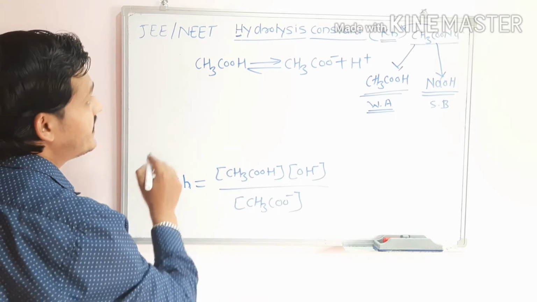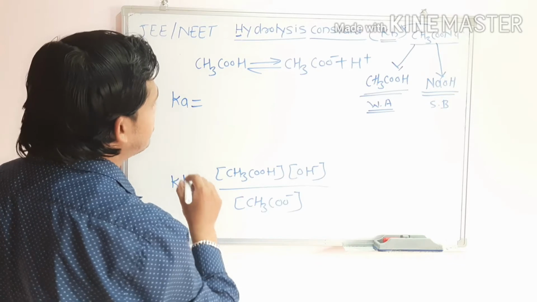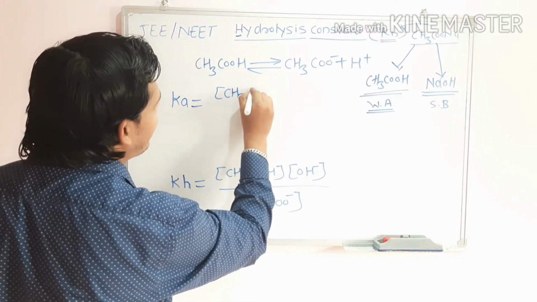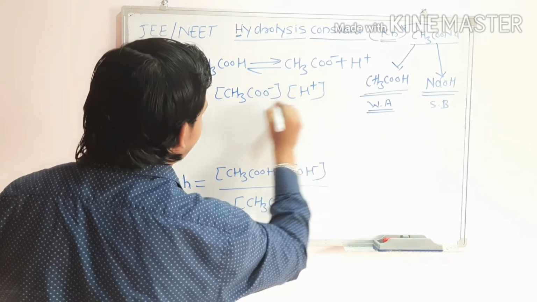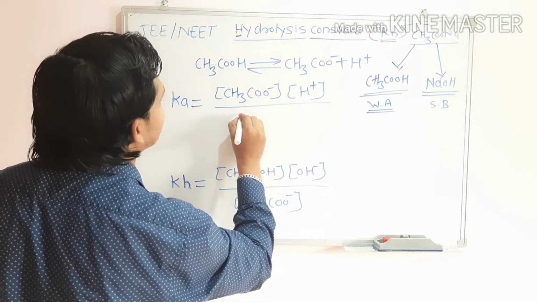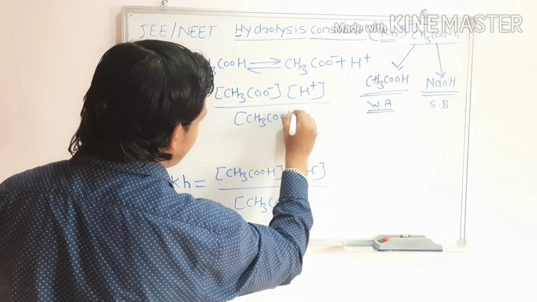Now we have to find the dissociation constant for weak acid. Ka is equal to the dissociation constant for weak acid, that is product upon reactant, by applying law of mass action. What is our reactant? CH3COOH.